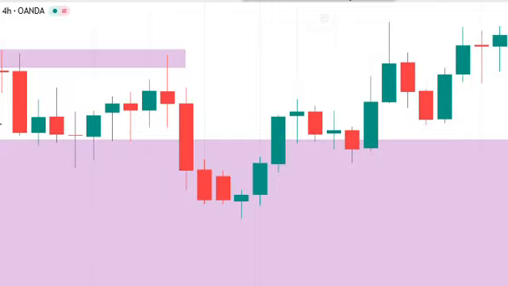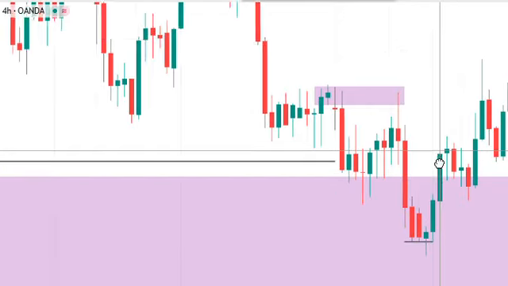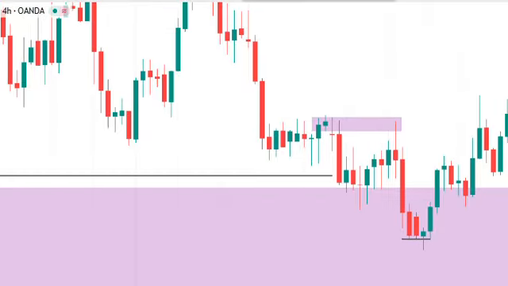The first thing that instigated that conviction is these equal lows. When these equal lows were taken out, I was like, wow, this is nice. After taking it out, immediately I get down to my lower time frame to look for a possible entry.